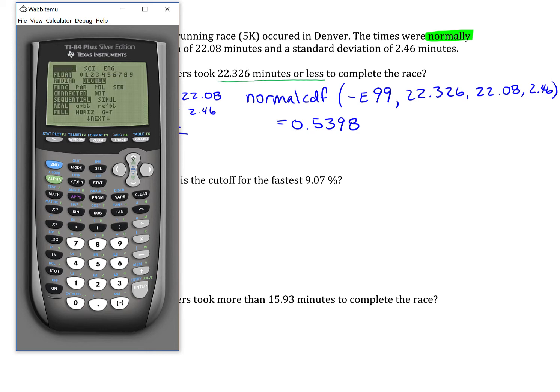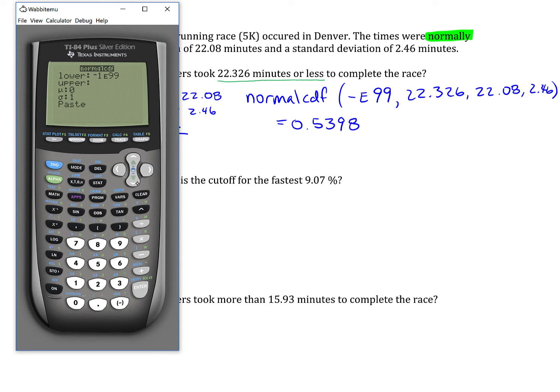Now, it's possible that you had seen a menu show up whenever you did your Normalcdf. Some of the later model calculators do that. The menus are there to just help be reminders as to what inputs you give the calculator. So the inputs that you give are the lower and upper bounds, and then the mean and standard deviation.